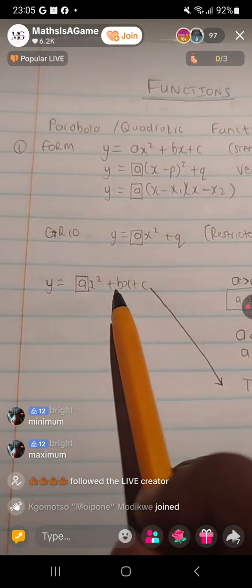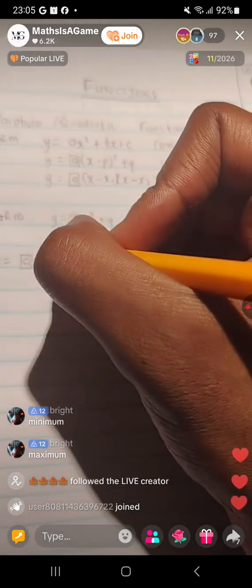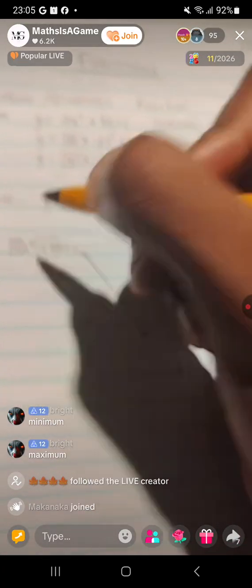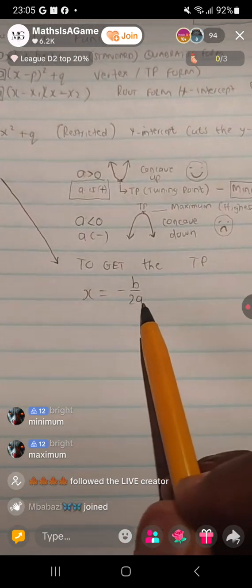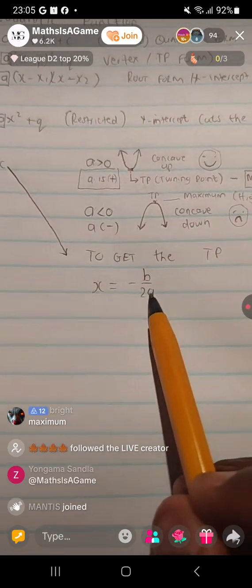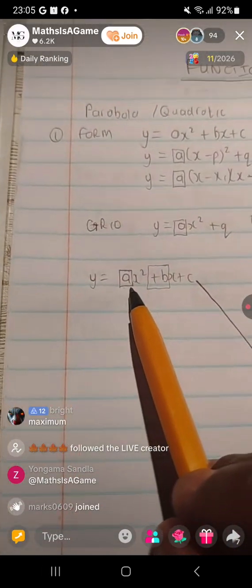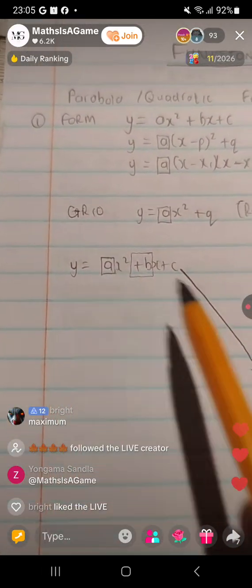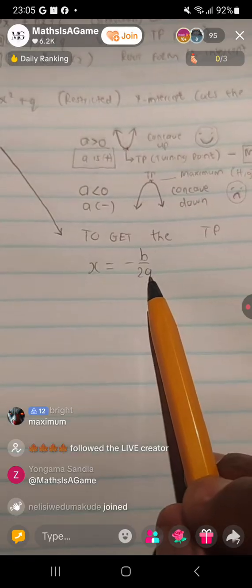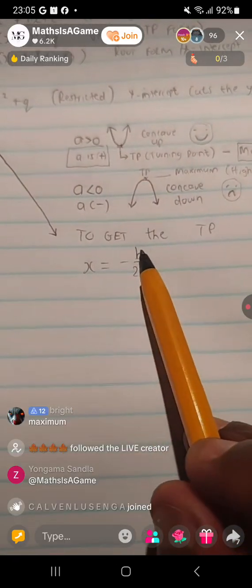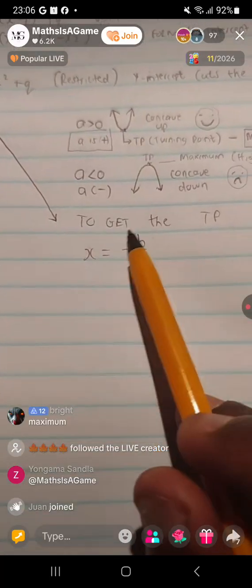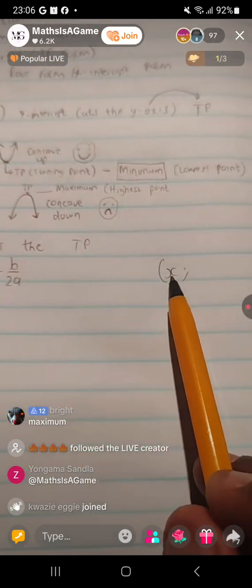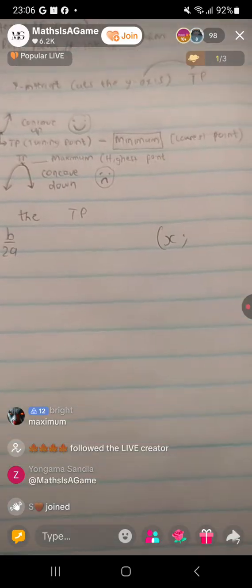The b value is the coefficient of x, and a is the coefficient of x squared. When we substitute the b and the a value, we get an x coordinate for the turning point, which we can calculate.